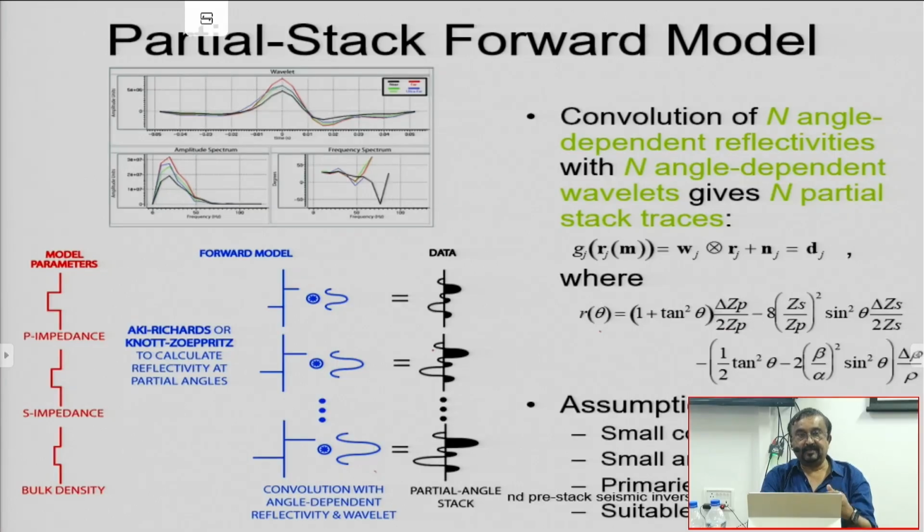In pre-stack, we have more than one trace per CDP. You can have 3 or 4 or 5 traces, angle stacks, right? And then we need a wavelet for each angle. And we also need to compute angle-dependent reflection coefficients.